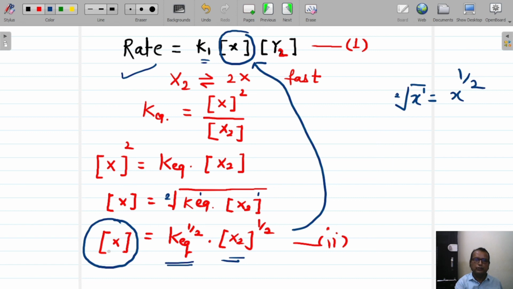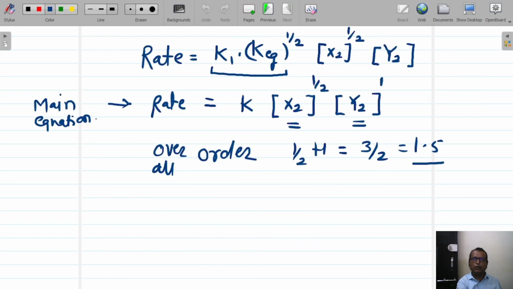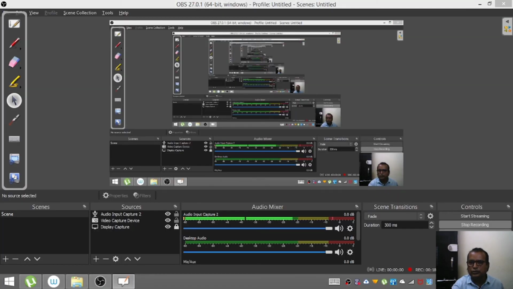Put this value of X into this equation. The final equation formed is our rate law for the main equation. Then the addition of the powers is 1.5. Thank you.